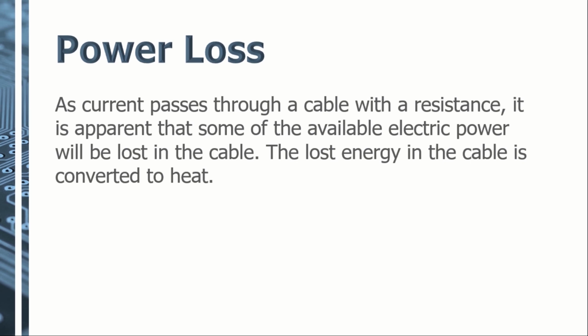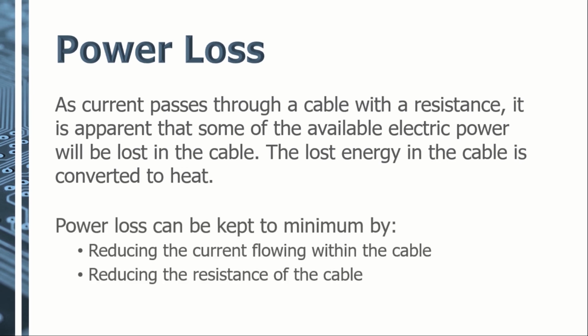But this can happen even as the current is being transmitted through power lines or cables. This is because of the electric resistance. To keep power loss to a minimum, the following can be done: reducing the current flowing within the cable and reducing the resistance.